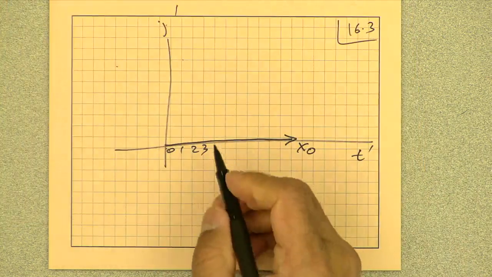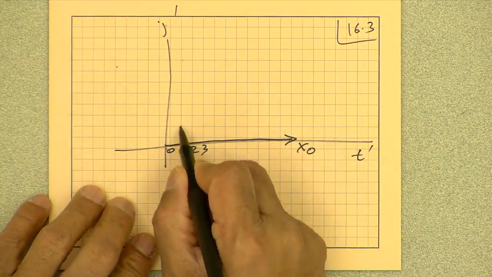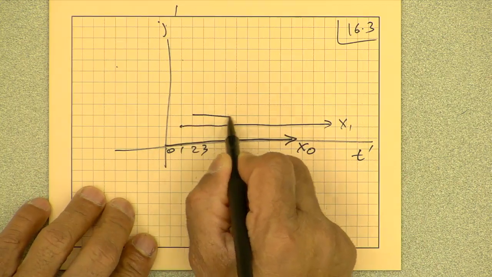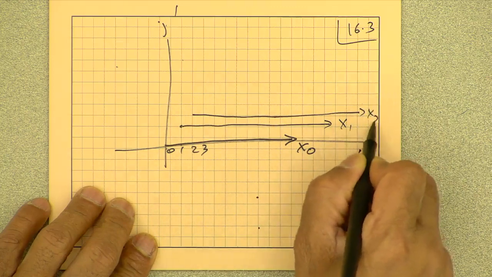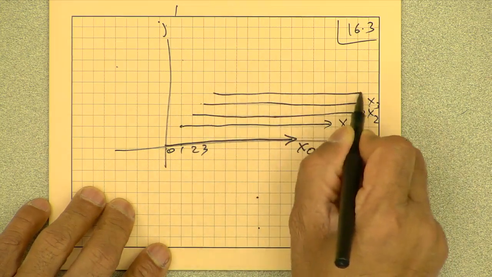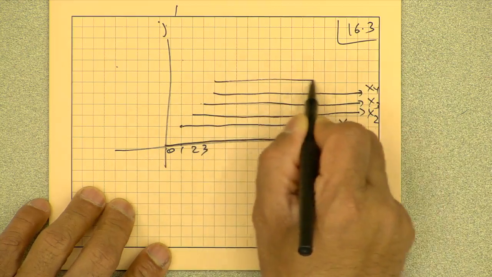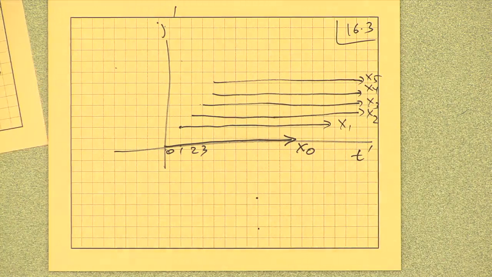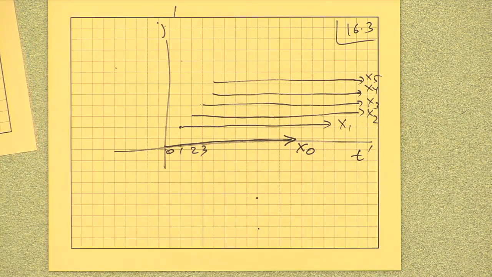So 1, 1, 2, 1. So that's x1. And that's x2, x3, x4. So in the space-time representation, the inputs are going to the right.